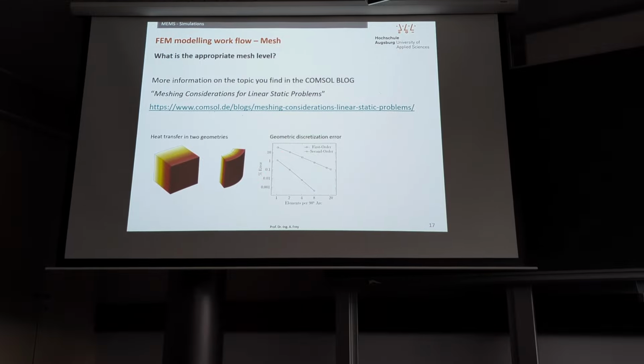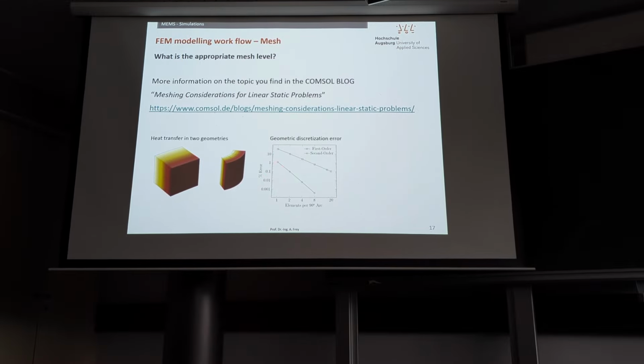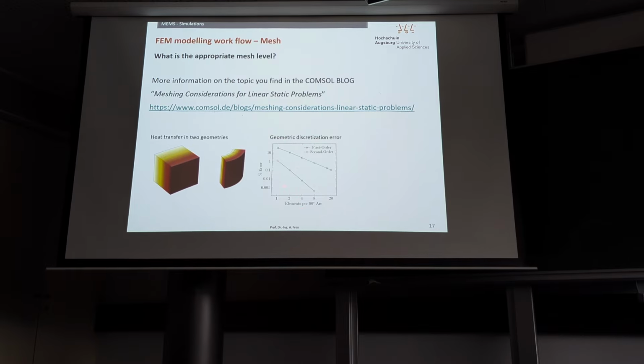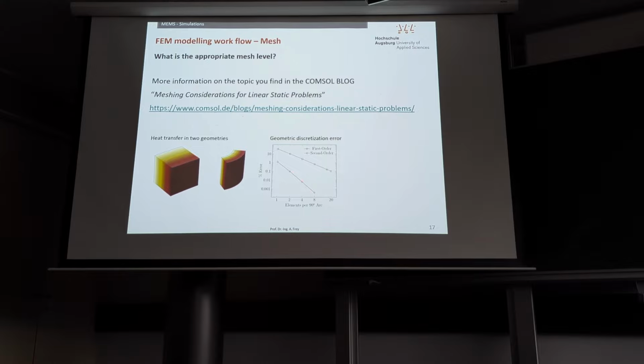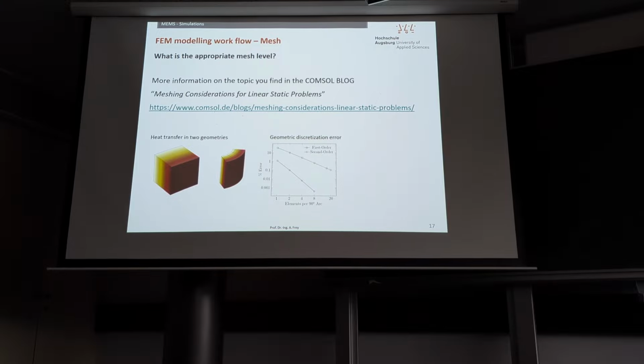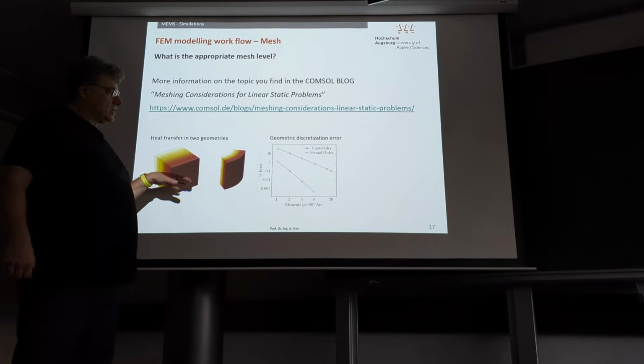So that is, so to speak, equivalent to having second order and having more elements here. But not only this, the error also goes down with a higher slope for second order than first order. It just gives you an idea.